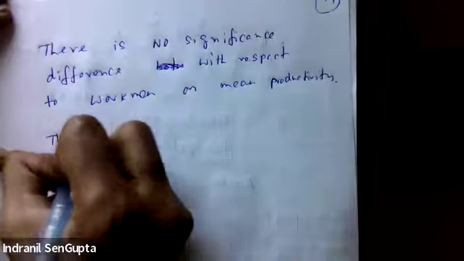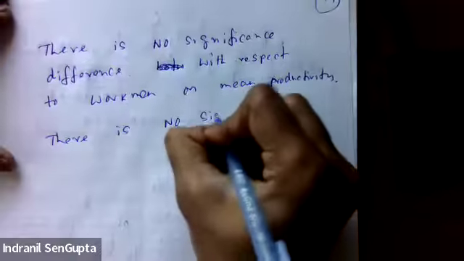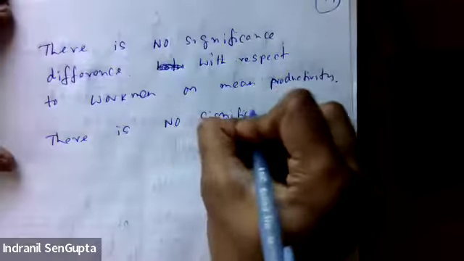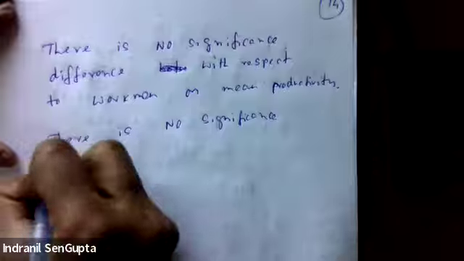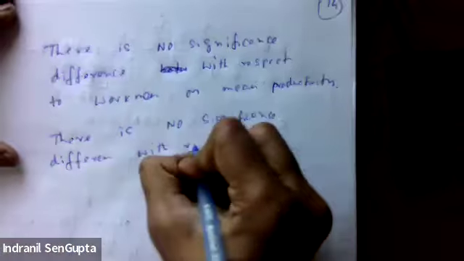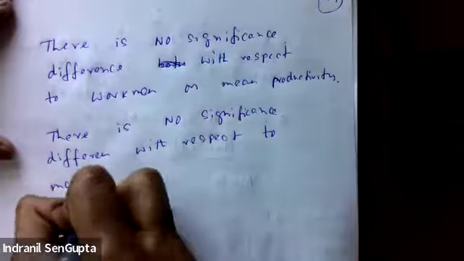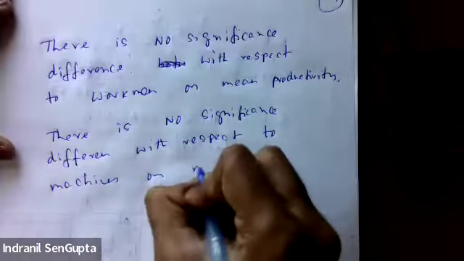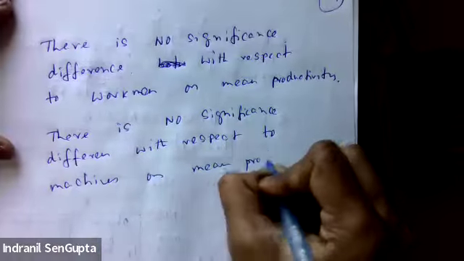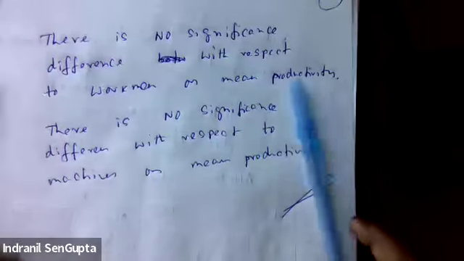So this is for factor B. And also there is no significant difference with respect to machines on mean productivity. Okay, so that's the conclusion.